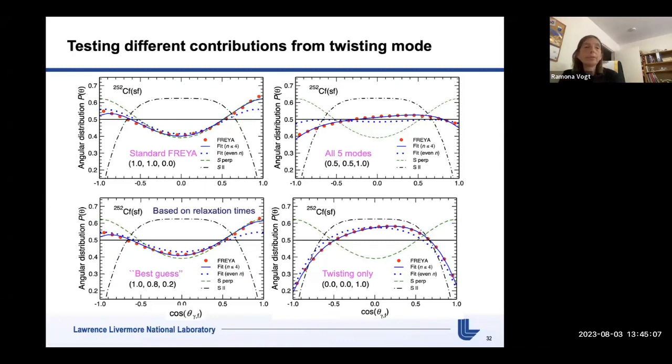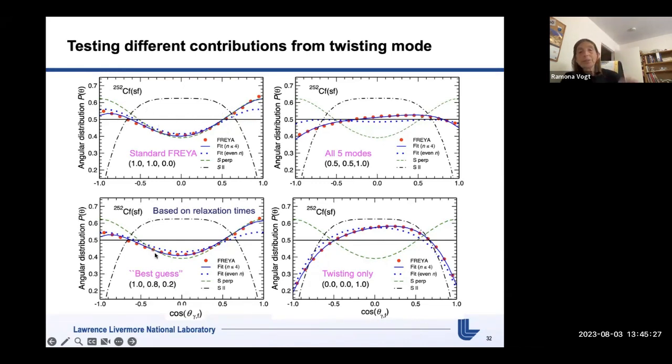So we can look at different ways of putting in the wriggling, bending, and twisting, and we can see that standard FREYA is typically this oblate shape.